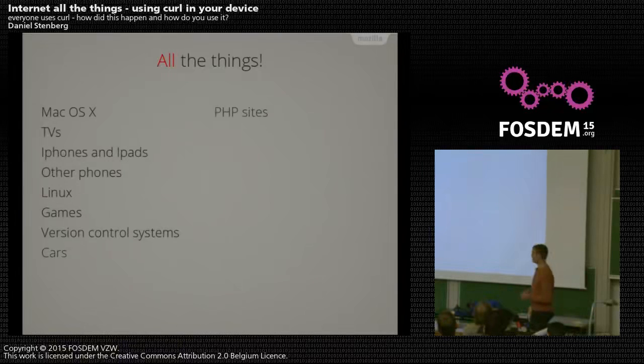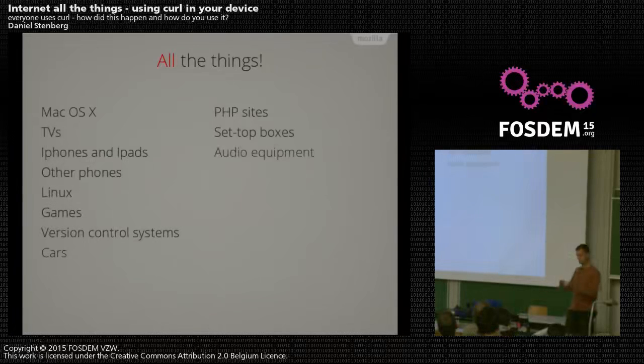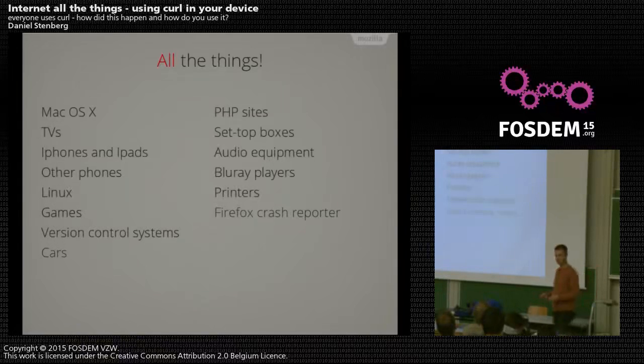So pretty much all the big PHP sites use it. Set-top boxes, very big into TV things in general. Audio equipment these days, high-end audio receivers, they download a lot of stuff. Blu-ray players, they apparently also download a lot of stuff. Printers, Firefox Crash Reporter, which makes it fun because it's delivered in all the Firefox releases.